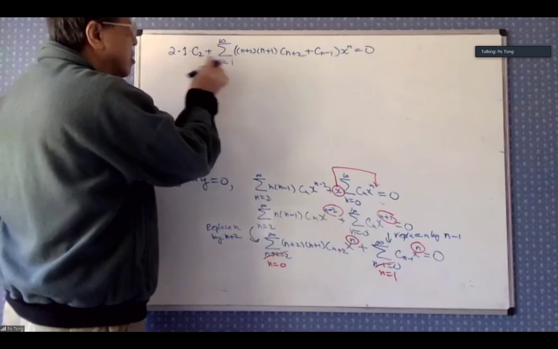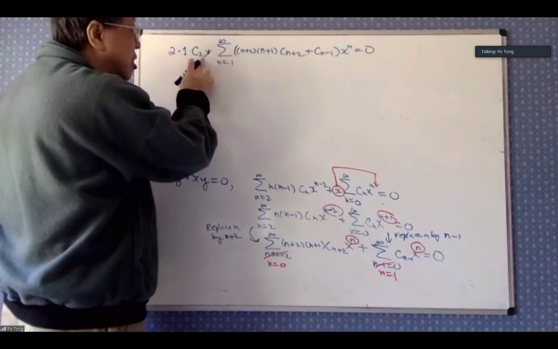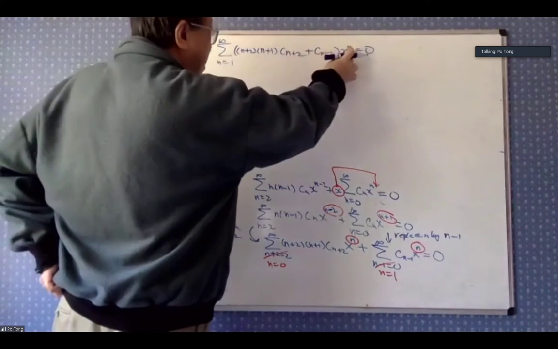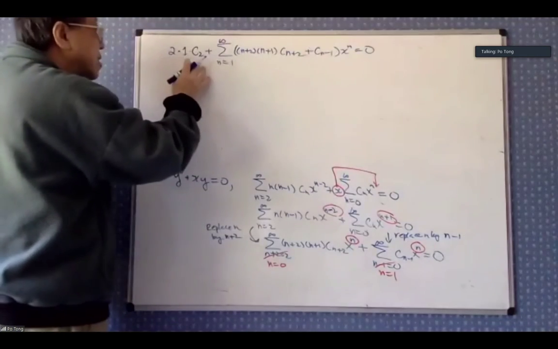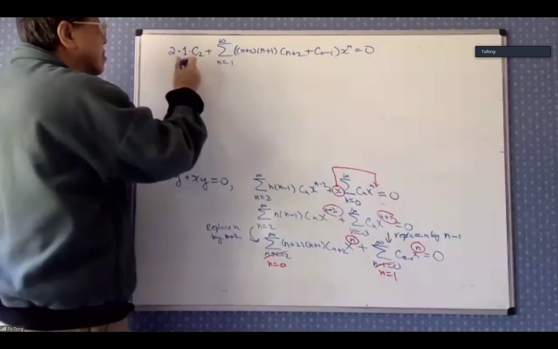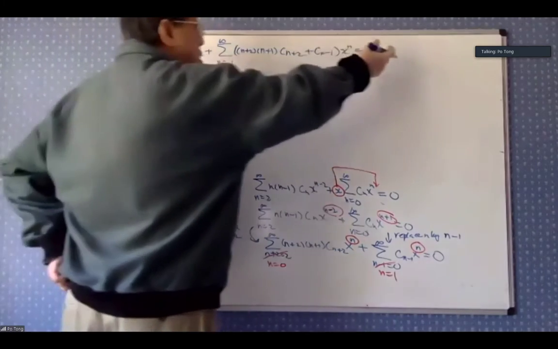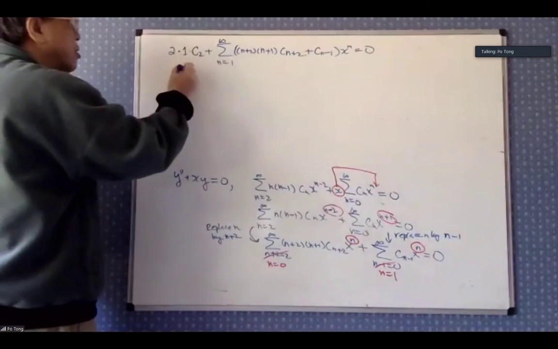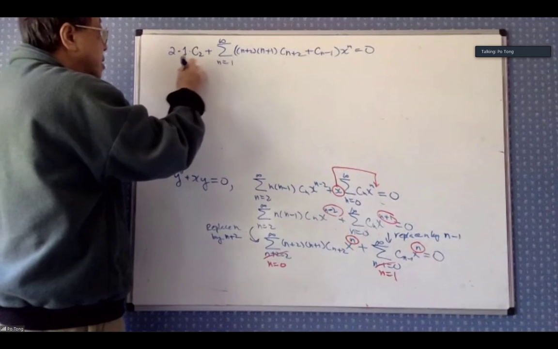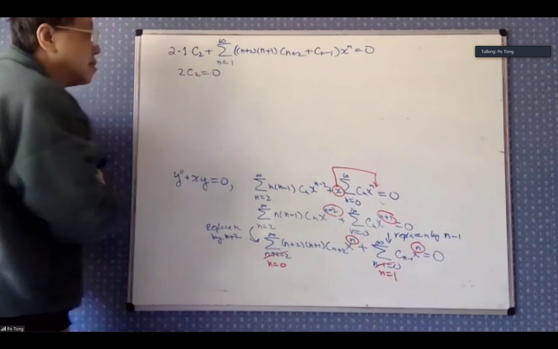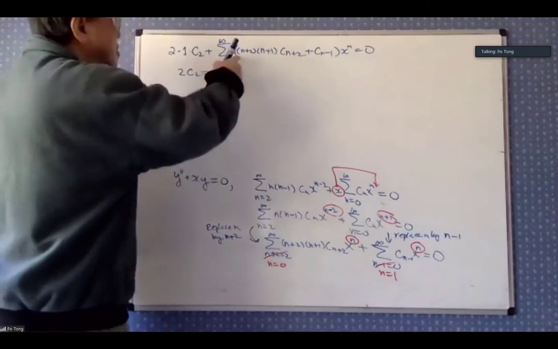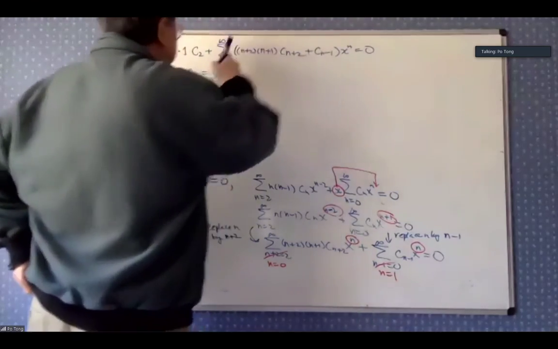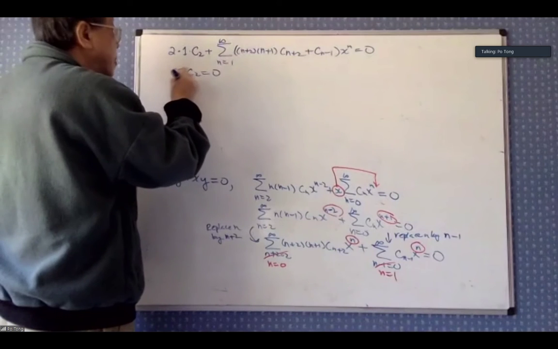Now, you have to understand that this is a constant term. When n equal to 1, you have the x term. N equal to 2, you have the x squared term. What this means is that the right-hand side is 0, so all the coefficients are 0. So 2 times C2 is equal to 0.